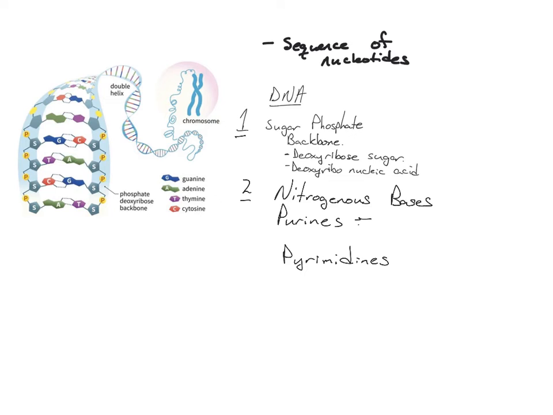The purines are guanine and adenine. The pyrimidines are thymine and cytosine.